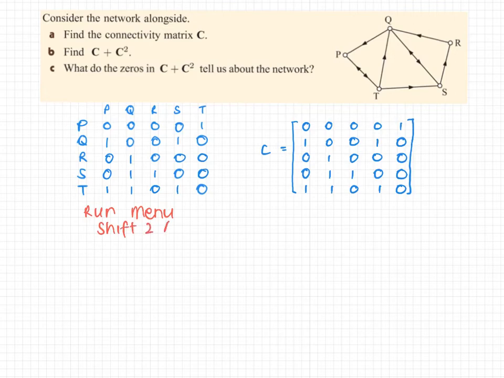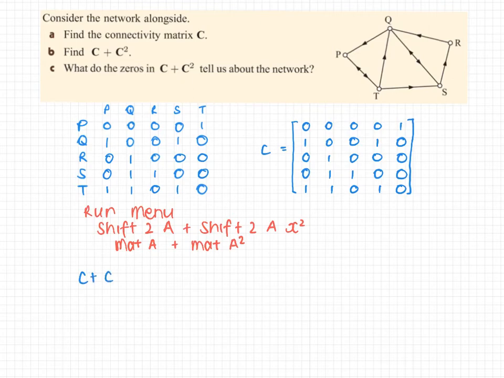So matrix, if you're using matrix A, so alpha A plus, and then we'll use our shift 2 again to get matrix, our alpha A, and then we're just going to use the x squared button. Alright, so you'll be able to see on your calculator, it'll actually look like Mat A plus Mat A to the power of 2. And that'll give us the solution to C plus C squared.